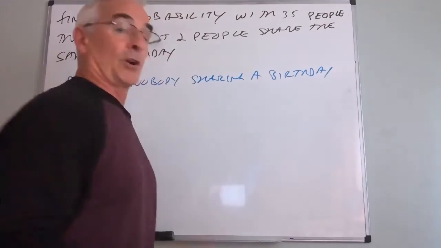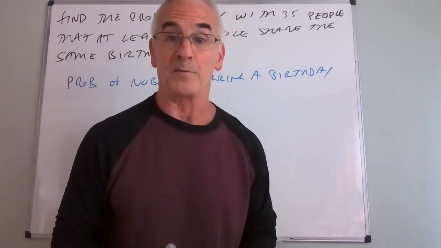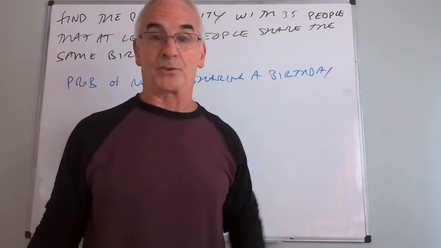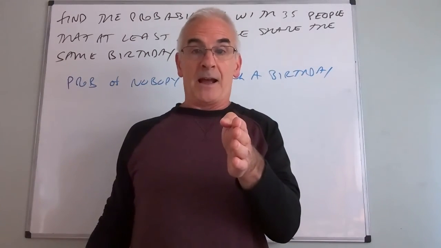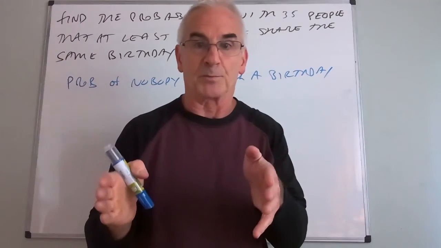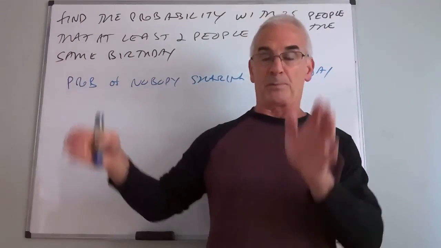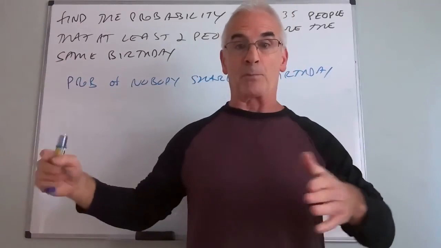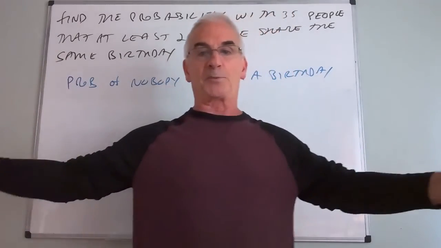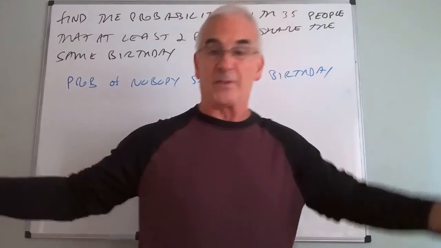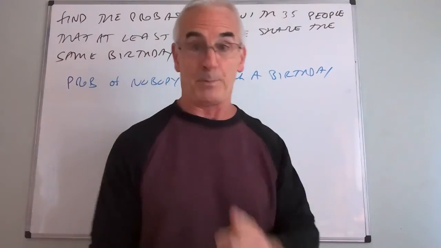You can basically start like this. I have a whole group of 35 people. It doesn't matter which person I start with. So you select one person. Now select the second person. What's the probability those two people do not share the same birthday? Now select a third person. What's the probability that none of those three share the same birthday? And by the time you get to the last person, the order you did it in is irrelevant because you've now considered all 35 people.